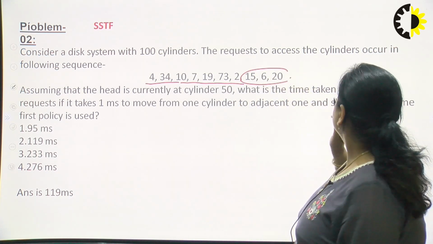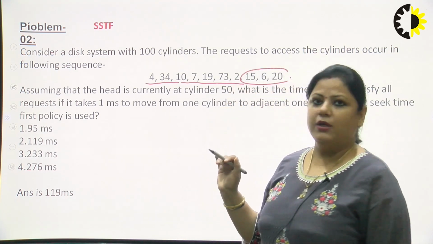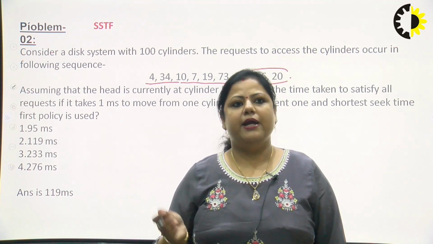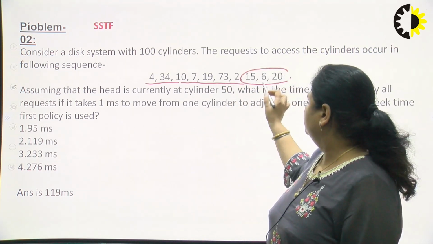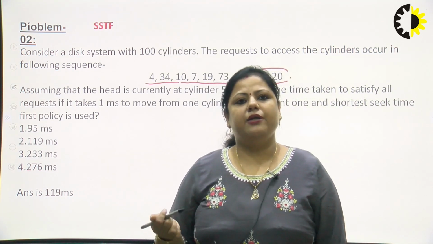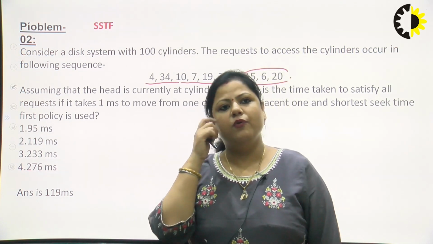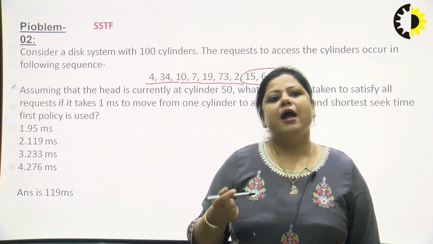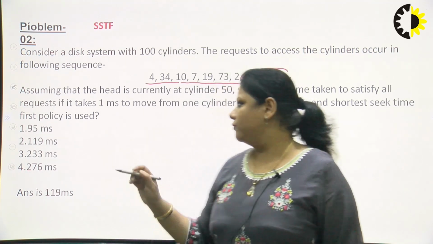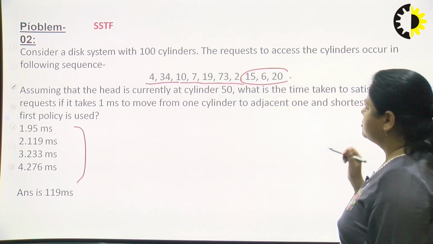Assuming that the head is currently at 50, what is the time taken to satisfy all requests if it takes 1 millisecond to move from one cylinder to an adjacent one and the shortest seek time first policy is used? So how will we solve this?